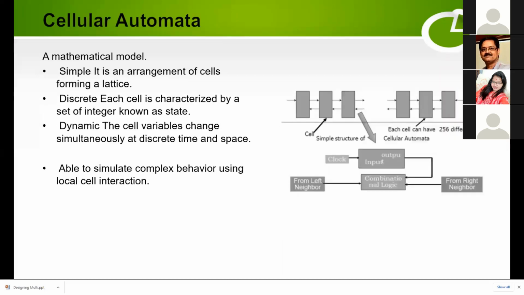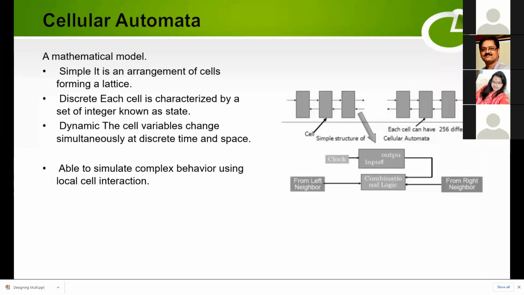First of all, we'll discuss what is Cellular Automata. Cellular Automata is nothing but a mathematical model, and it is a simple arrangement of cells, and each cell is characterized by a set of integers called state.